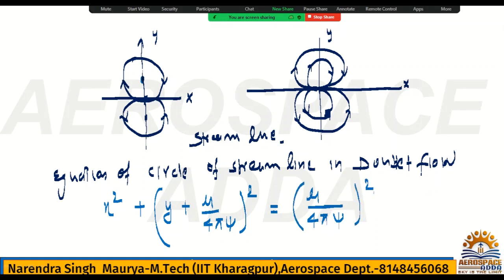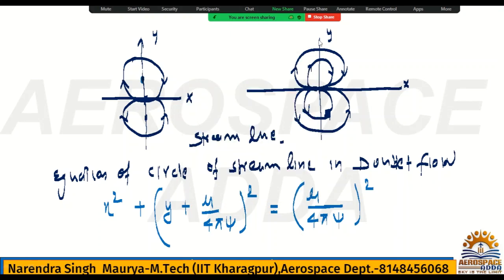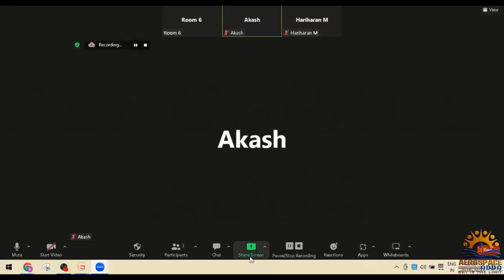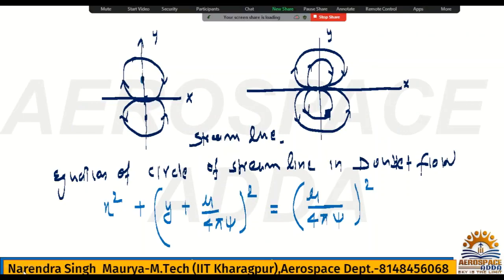This will be the equation of circle of streamline in doublet flow. Okay, now check.